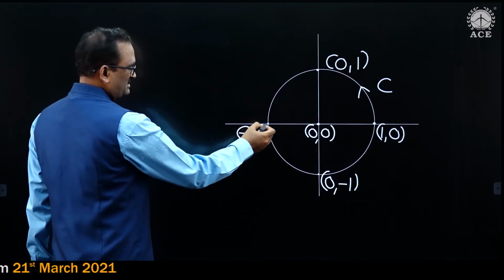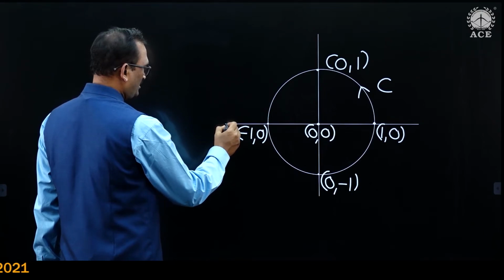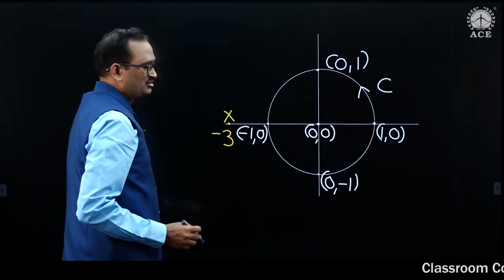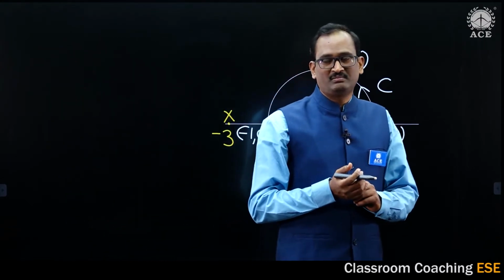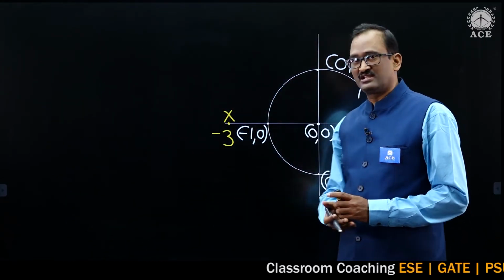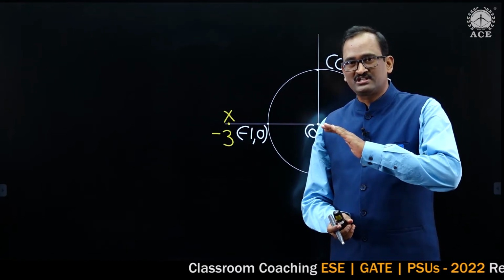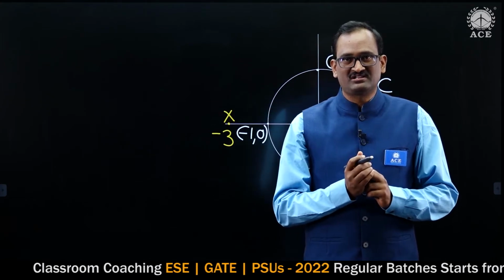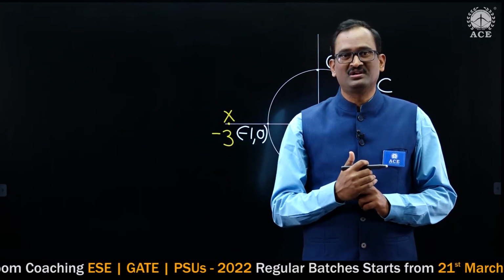Z is equal to minus 1 point, minus 3 will be lying outside of the given circle. So we have only one singular point, but it is lying outside the given circle. If all singular points are lying outside the given circle, according to Cauchy's integral theorem, the value of the integral should be 0.